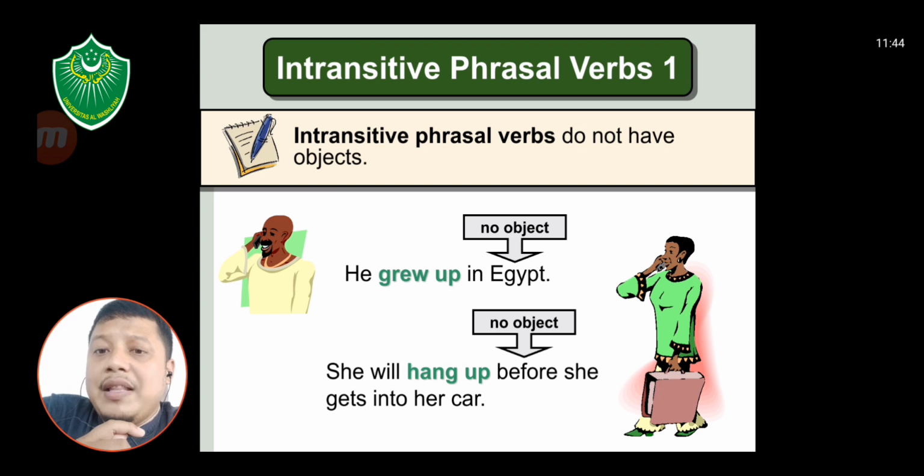Another example, she will hang up before she gets into her car. Also, before here, it's not an object. So in a simple way, intransitive means a verb that doesn't need an object when making a complete sentence, right?